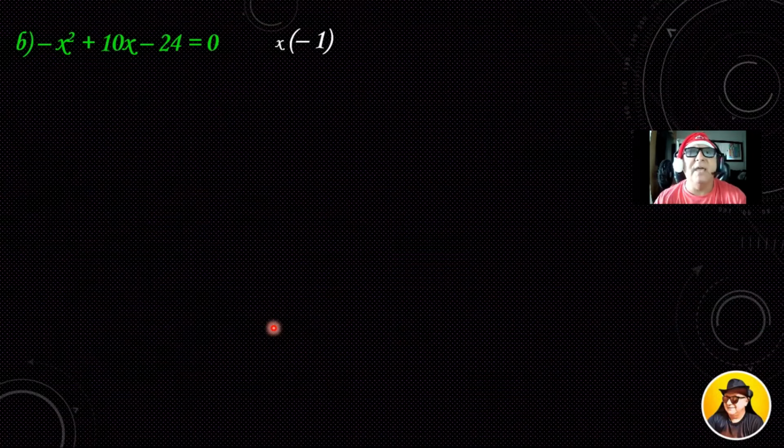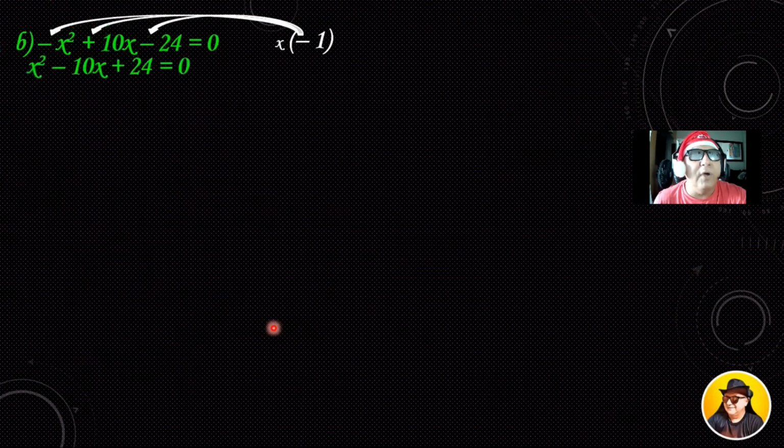It does not change the answer, you can do it both ways. I prefer multiplying. Minus 1 times minus x squared is plus x squared, minus 1 times plus 10x is minus 10x, and minus 1 times minus 24 is plus 24.